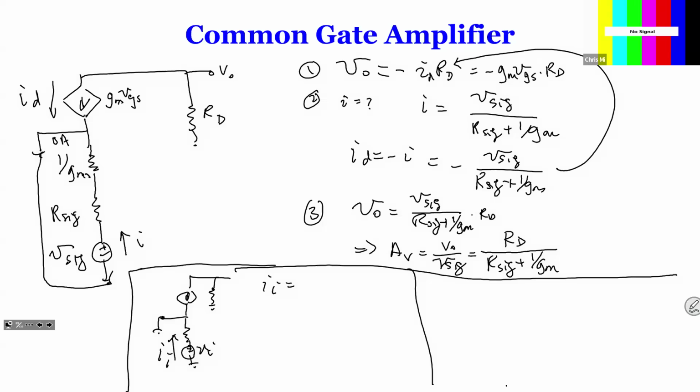Vi over 1 over gm, right? So what we're saying is, Ii equal to Vi over 1 over gm. Let's do it this way.